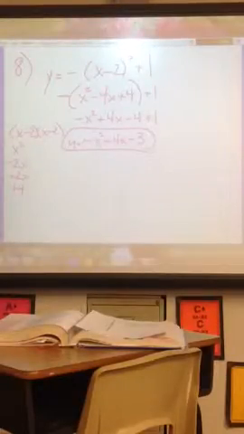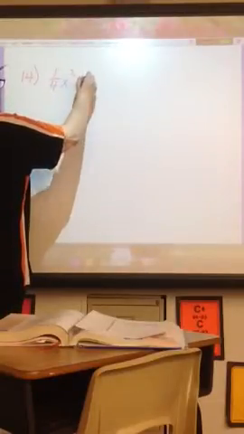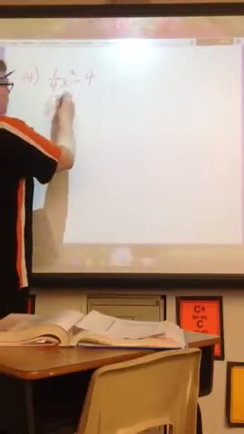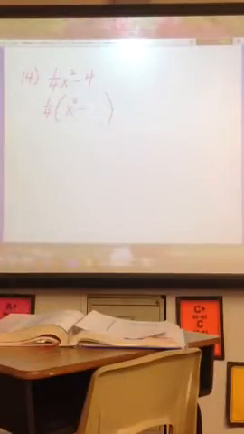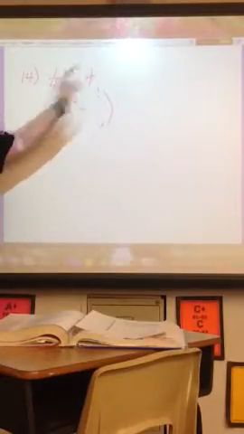Of the 8 factoring problems, 14 and 15 were the biggest issues. On 14, when you have that fraction out in front, you should clear it. So if I factor out 1/4, what's that number going to be? 1/4 times what number will equal 4?